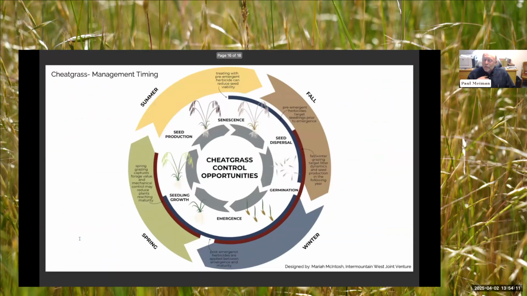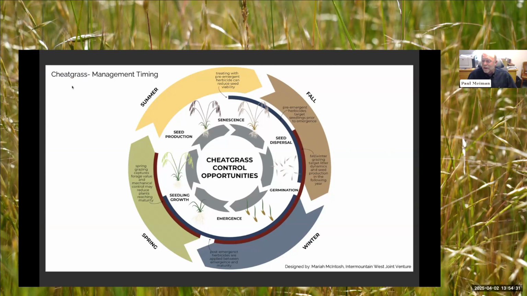In the springtime you can hit the invasive annual grasses, but you need to think about the windows of growth on the perennials in your area and be sure you give them a chance to do their thing before it gets too hot and dry.